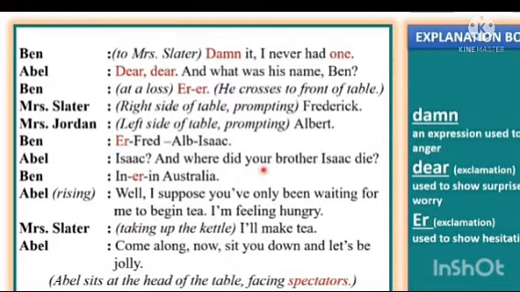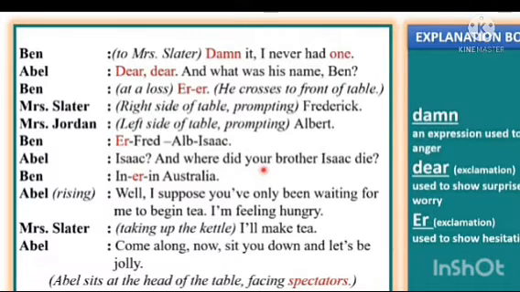Then he searched his mind for the name. Then Mrs. Slater, from the right side of the table, prompted him. She gave the name of the dead person, saying the name of the person is Frederick.